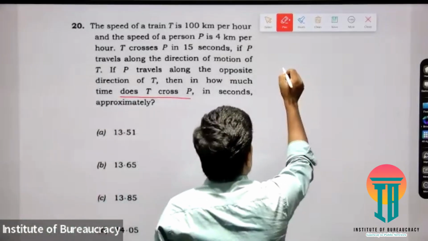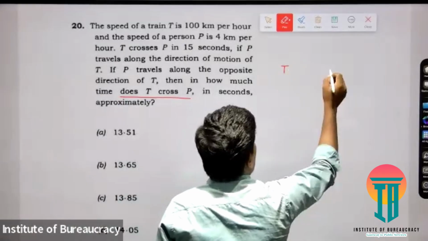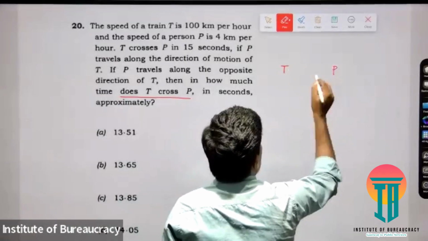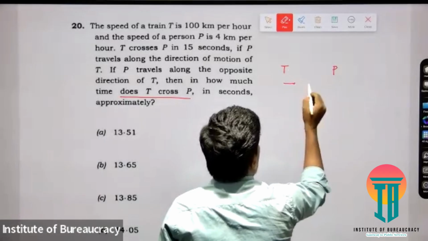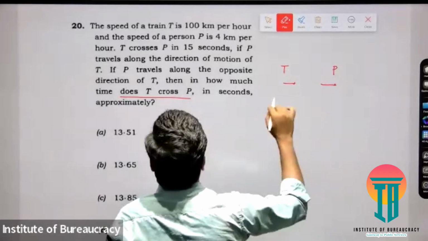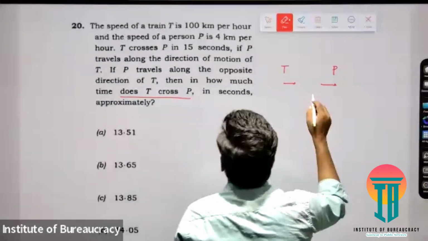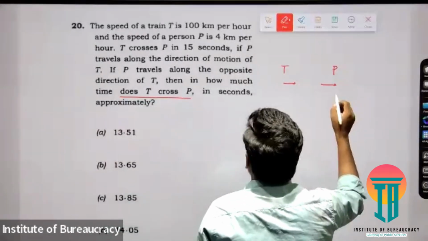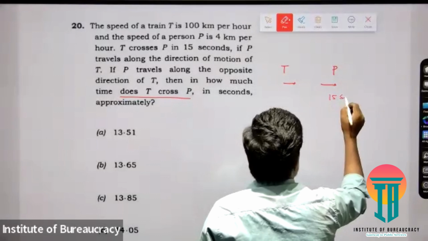You have a train T and you have a person P. The first time they both move in the same direction. When they move in the same direction, train T crosses the person in 15 seconds.